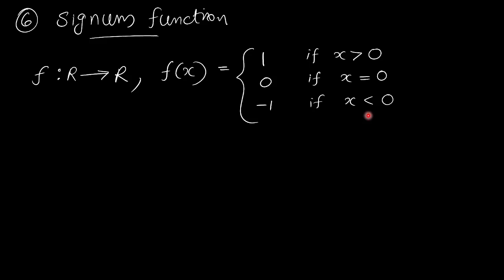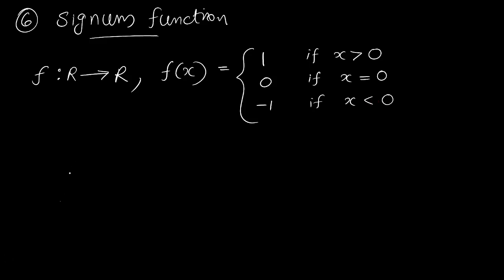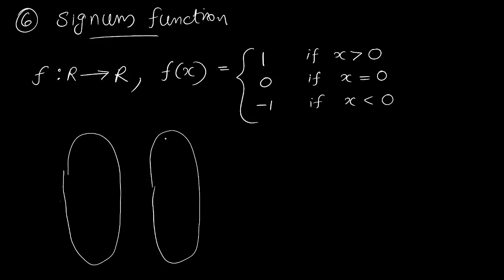Please understand the definition. f from real numbers to real numbers, f of x equal to 1 if x is positive, f of x is 0 if x is 0, and f of x equal to minus 1 if x is a negative number. What does it mean? Normally the arrow diagram will not be asked in the exam, but to make you understand, let me draw it.